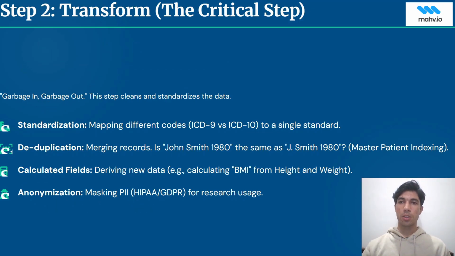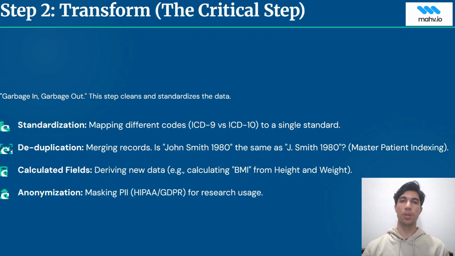Then the transform step. This is the critical step from a data science perspective, because we cannot let garbage data in, which is basically we need to clean the data. This step cleans and standardizes the data. In this step, we make the data into a universal format.